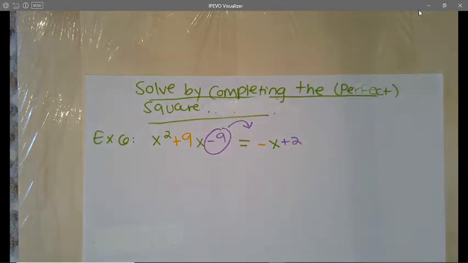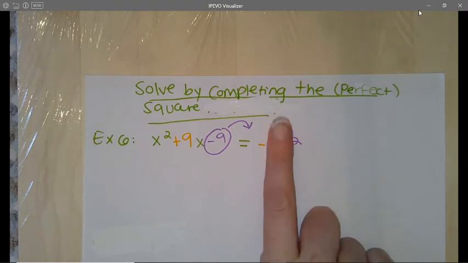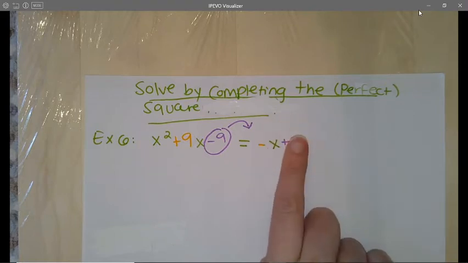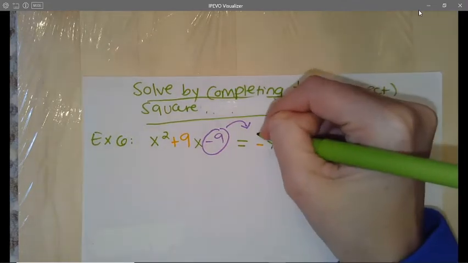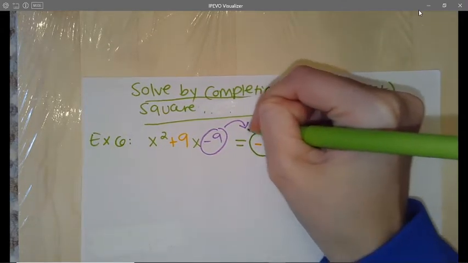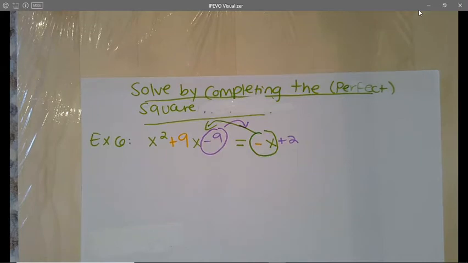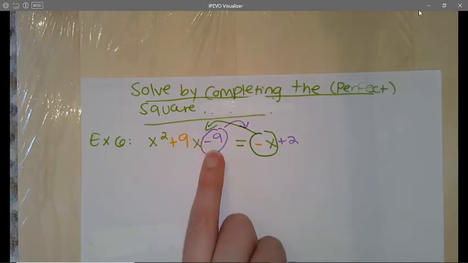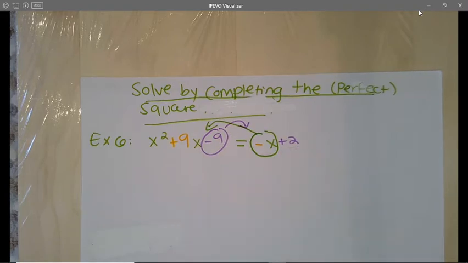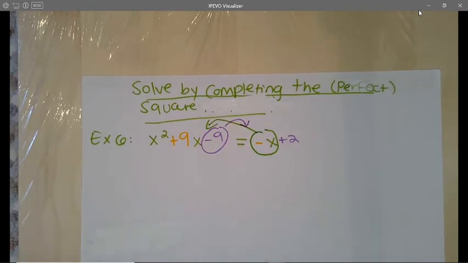I spot on the right-hand side of my equation a term with an x, which means it needs to go onto the left-hand side. So this -x needs to go on the left-hand side, and the -9 needs to go on the right-hand side. I'm going to be moving these two terms onto the other side of the equation.